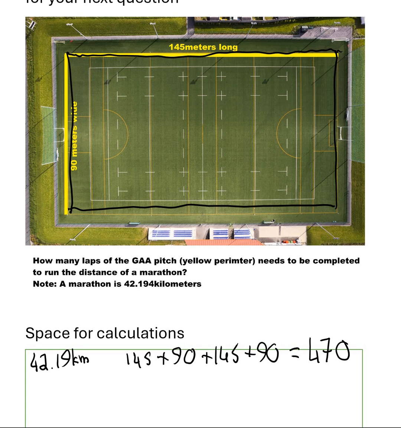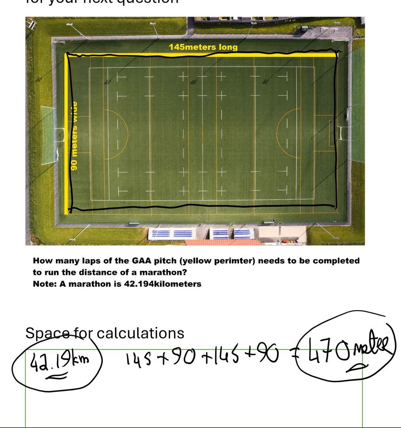In order to find out how many laps, that's meters, and this is 42.19 kilometers, so I need to divide this into this. However, one is in meters, the other is in kilometers. So I need to change this 42.19 kilometers into meters. To do that, I'll multiply this by 1,000 because there are 1,000 meters in a kilometer.